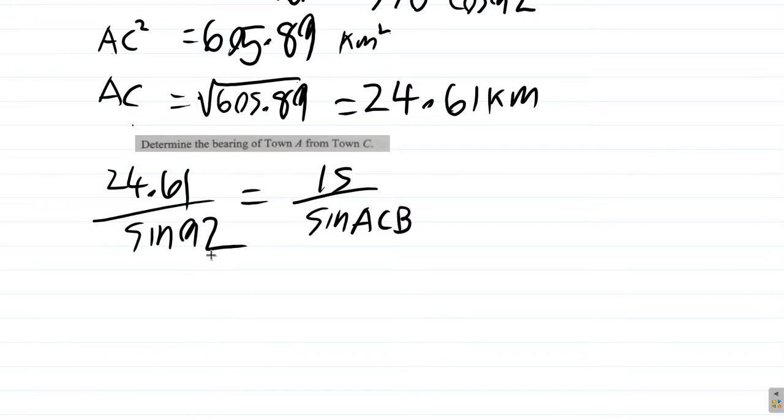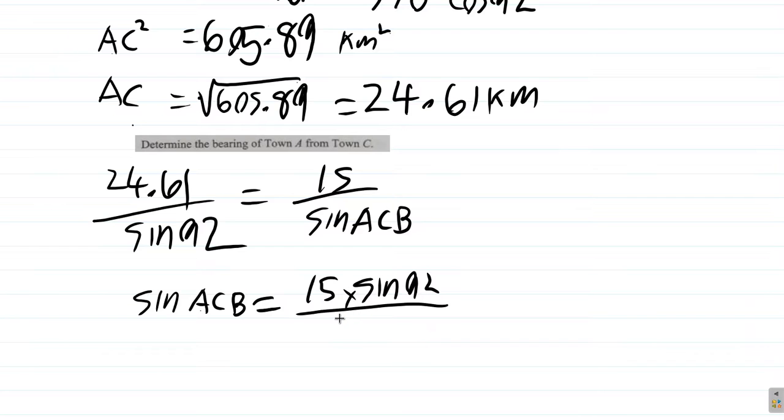Alright, so if you transpose this, we get sine ACB equals 15 sine 92 over 24.61. Equals what?